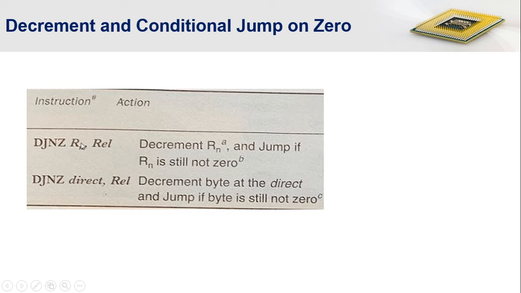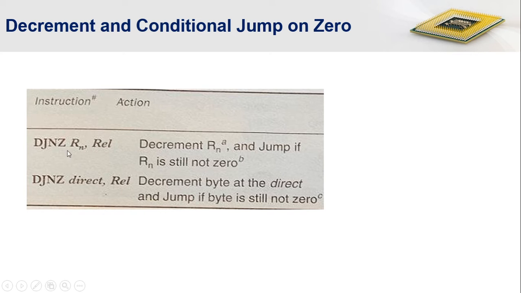Decrement the register content by 1 and jump to the given relative address location after decrementing this register content if it is not equal to 0. First decrement the content of this given register by 1 and check if it is equal to 0 or not. If it is not equal to 0, it performs a relative jump to the given address location of the target memory location.